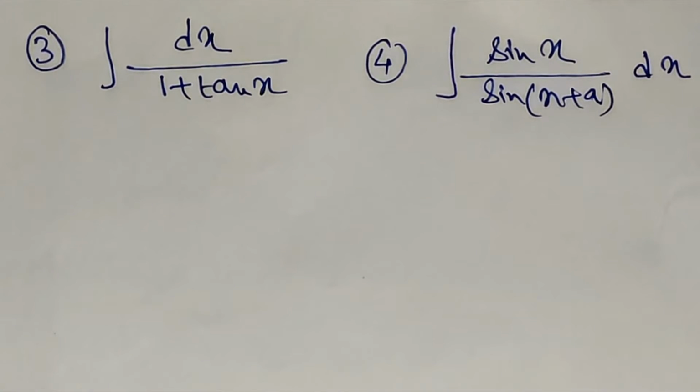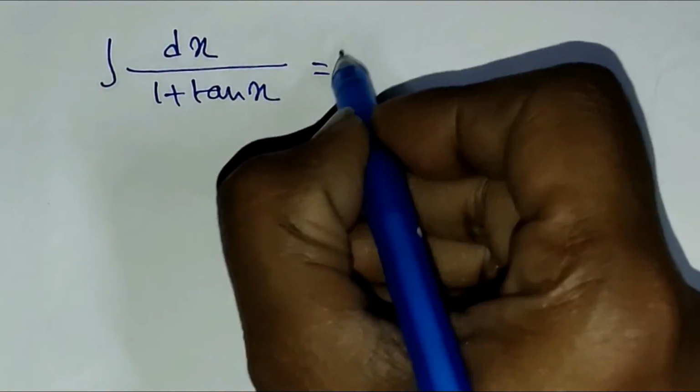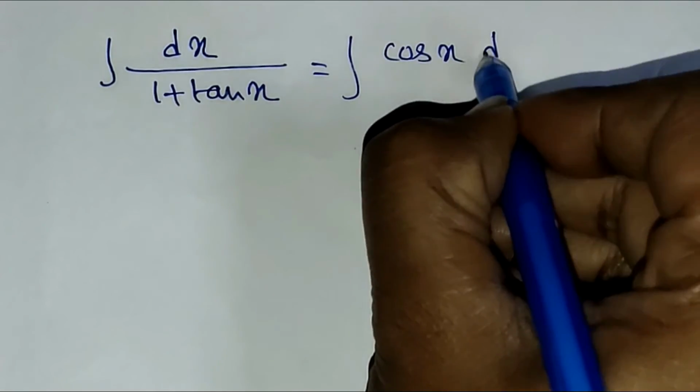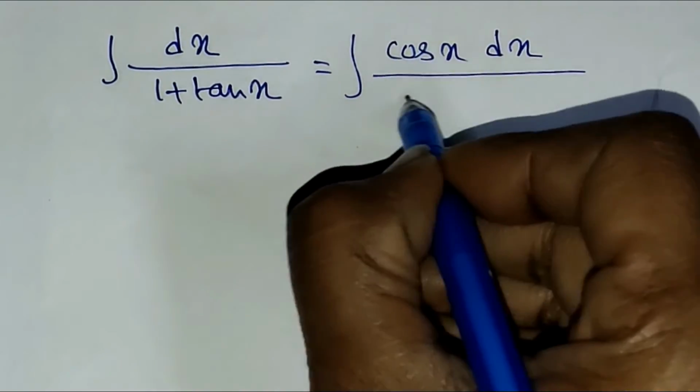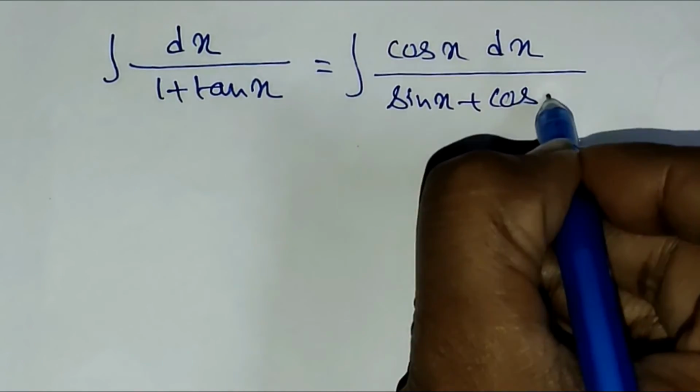For the first problem, that is integration dx by 1 plus tan x, at first let's write tan x as sin x by cos x. So this will give us cos x dx by sin x plus cos x.